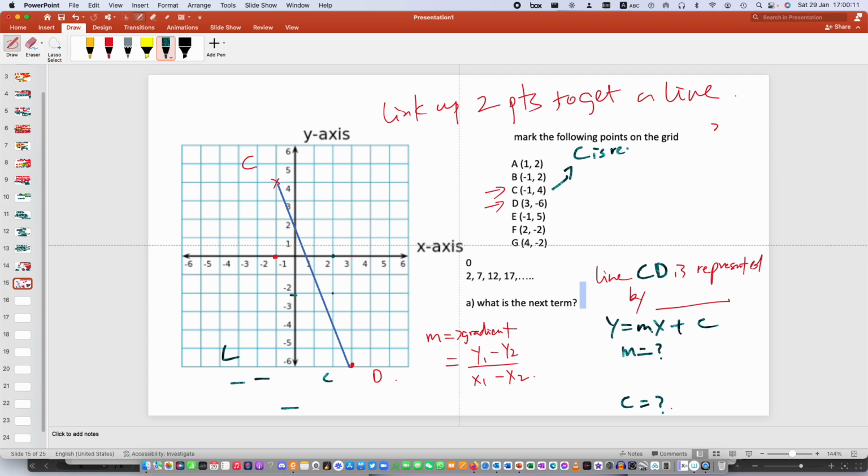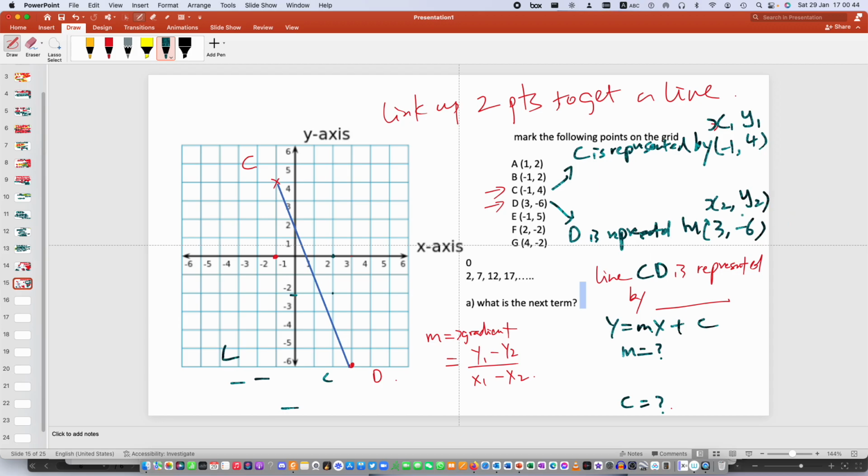Negative 1 and 4. So this is your x1, this is your y1. Are you clear? x1, y1 means starting x, starting y. So D is represented by what? 3 and negative 6. So this is your x2, y2. So that means this is your ending x and ending y.